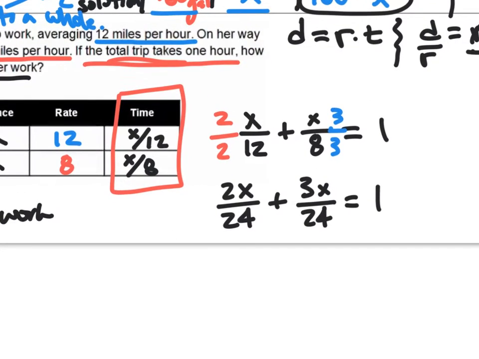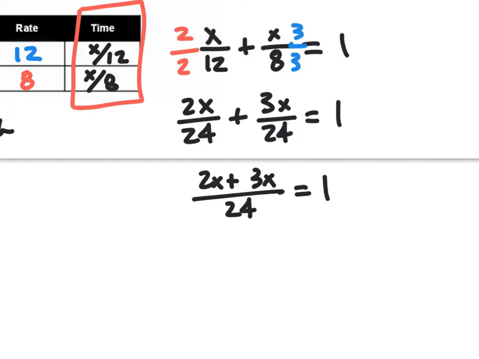Now, if I have a common denominator, I can combine my numerators and leave my denominator, so I get 2x plus 3x all over 24 is equal to 1. Combine what you have in your numerator: 2x and 3x together gives you 5x divided by 24 is equal to 1. Solving this for x is kind of tricky.